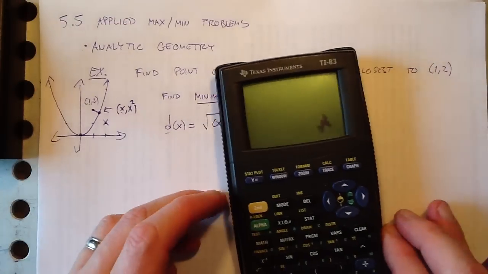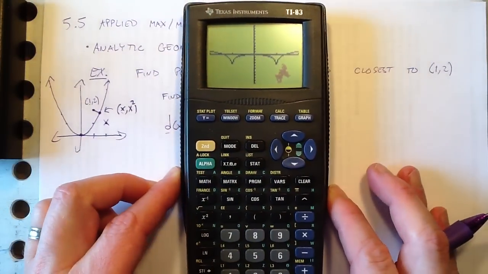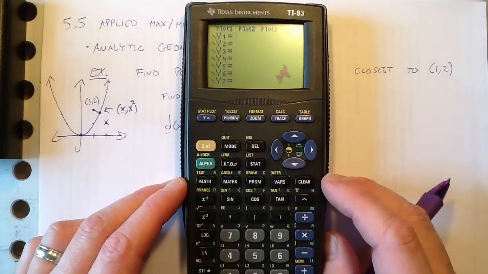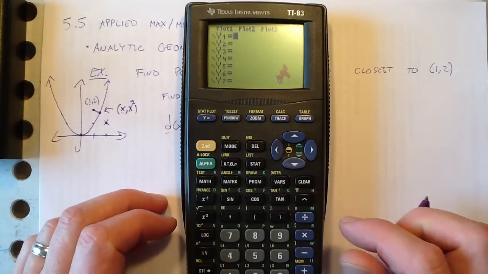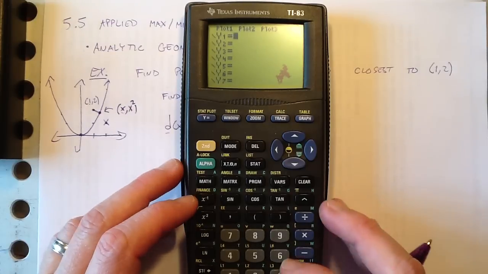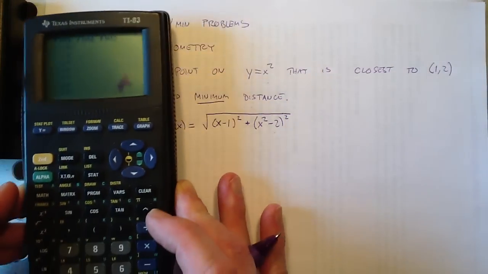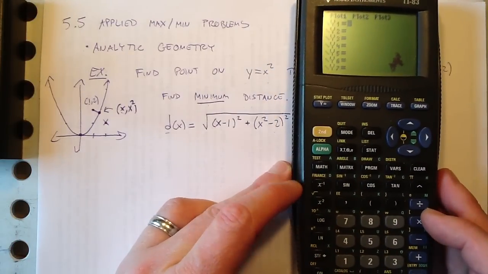So, although we're doing this in a calculus course, we're going to go ahead and just graph it and find the minimum, much like you did problems like this in Algebra 2. So let's see. I think you can see the screen if I put it there. Here, we'll try that.